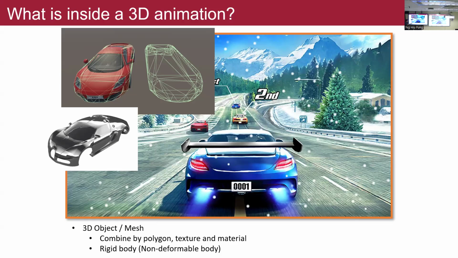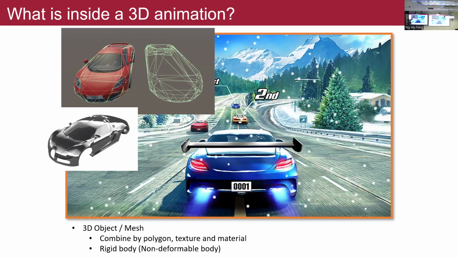3D objects are what we use. If you are using Maya or communicating with some computer graphics designers, they are using mesh. Or somehow they will use the polygon from computer science. Polygon is just like here.